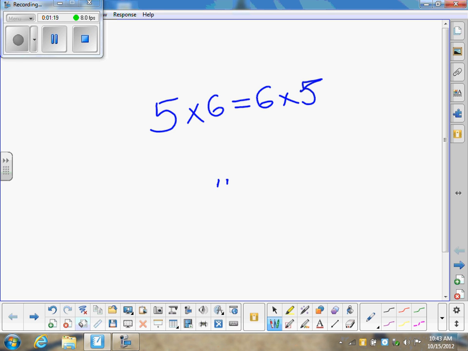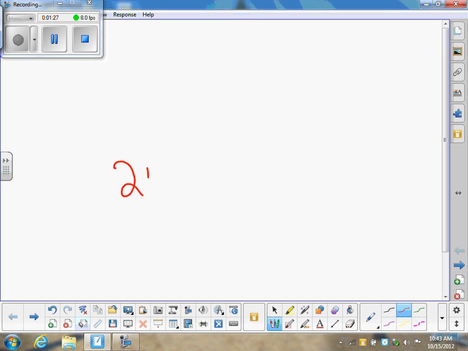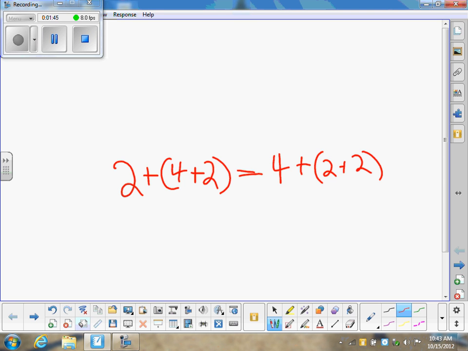All of these may sound easy, but associative property is by far the hardest. So if we had this problem, first we do the numbers in the parentheses, and then we bring down the 2, and it will equal 8.